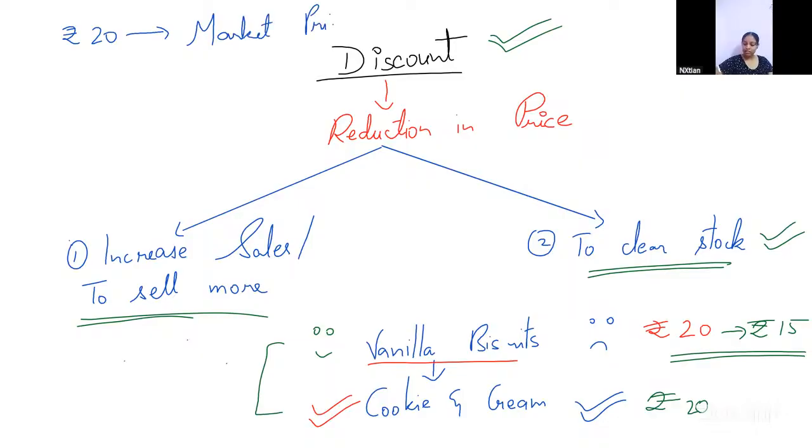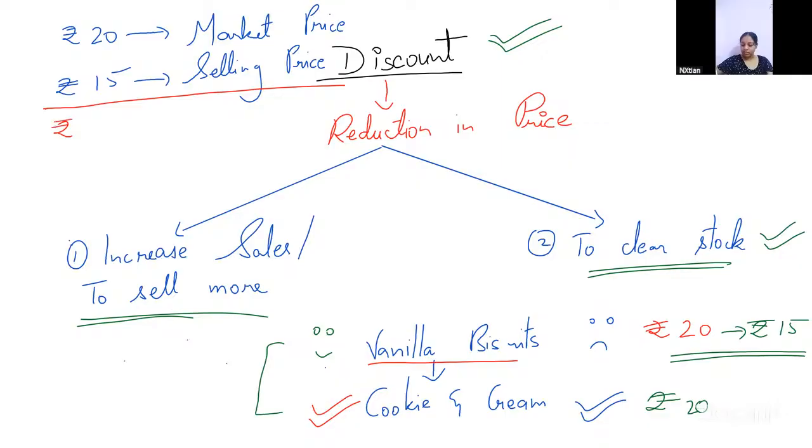I am selling it at 15 rupees. This 15 rupees is known as the selling price. And the remaining 5 rupee difference is my discount.